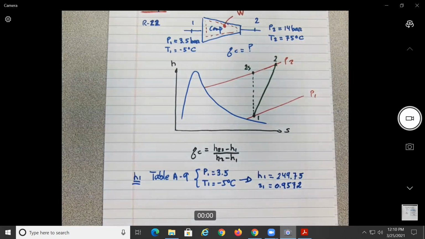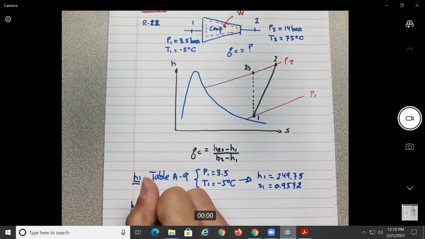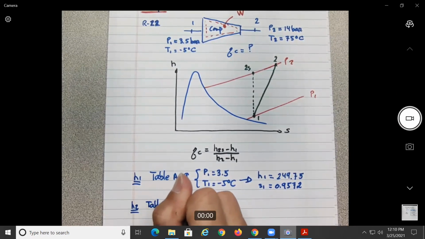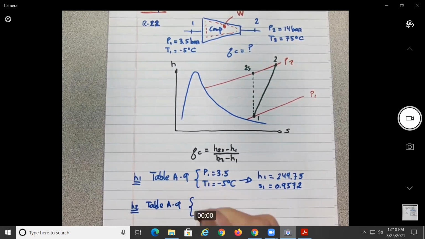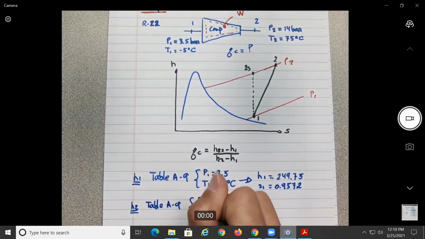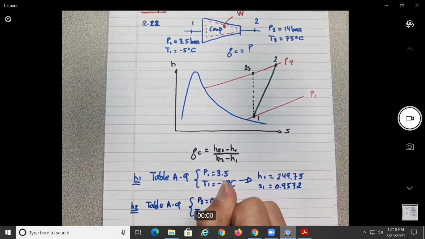Okay, before finding H2S, let's find H2. Do we know two things at H2? Yes, no? And the state will be the same one, so probably the same table, table A9. We know P2 equal to 14 and T2 equal to 75.